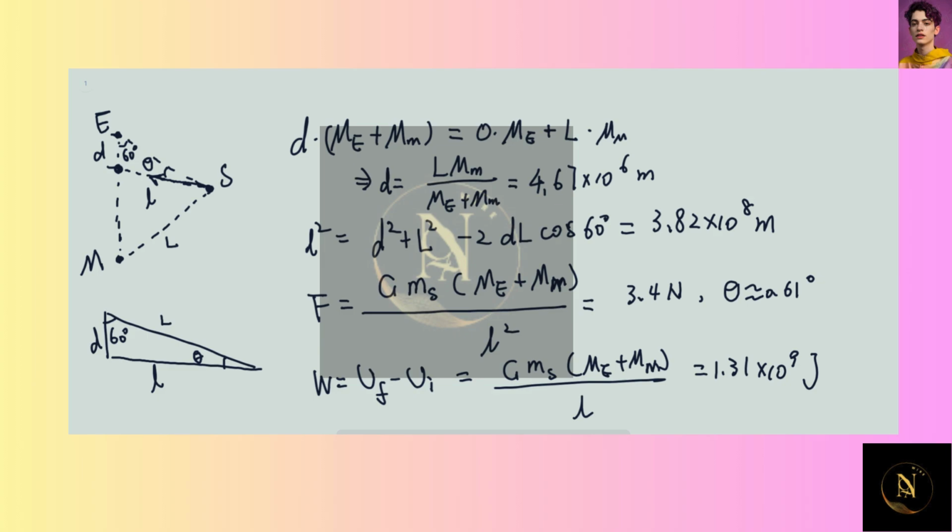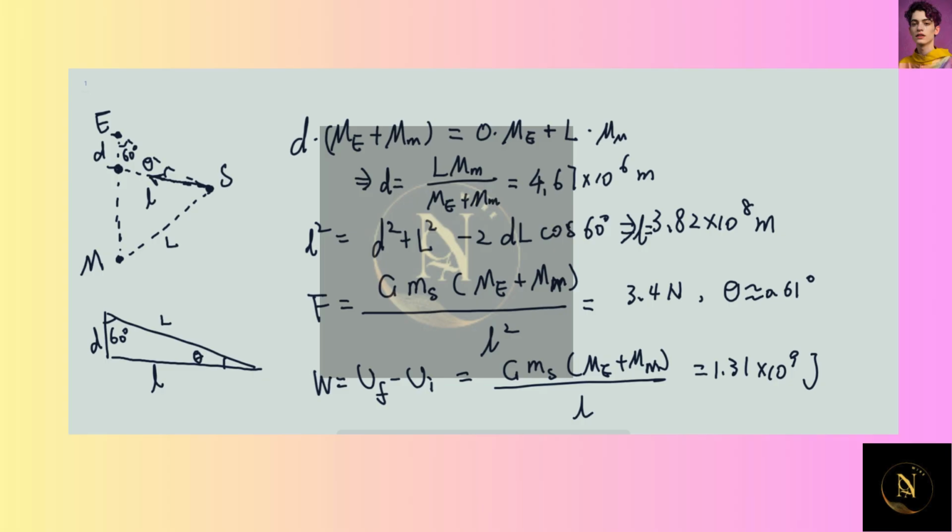So we know this angle is 60 degrees, so we can use this equation: l squared is equal to d squared plus L squared minus 2 times d times L times cosine of this angle, which is 60 degrees. Solving this equation, we find that l, the distance from the satellite to the center of mass, is 3.82 times 10 to the 8 meters.